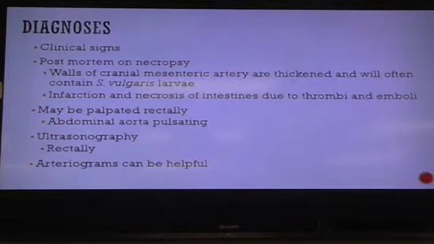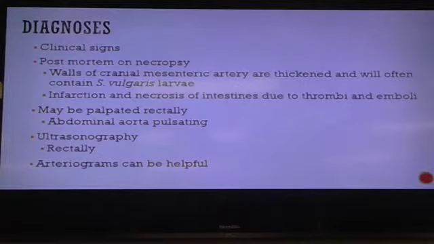However, a lot of the clinical signs aren't very specific. You can also see eggs in the feces. But to make an actual diagnosis, the best way is post-mortem. On necropsy, you'll see walls of the cranial mesenteric artery will be thickened and will often contain S. vulgaris larvae. You also see infarction and necrosis of the intestine due to the thrombi and the emboli.